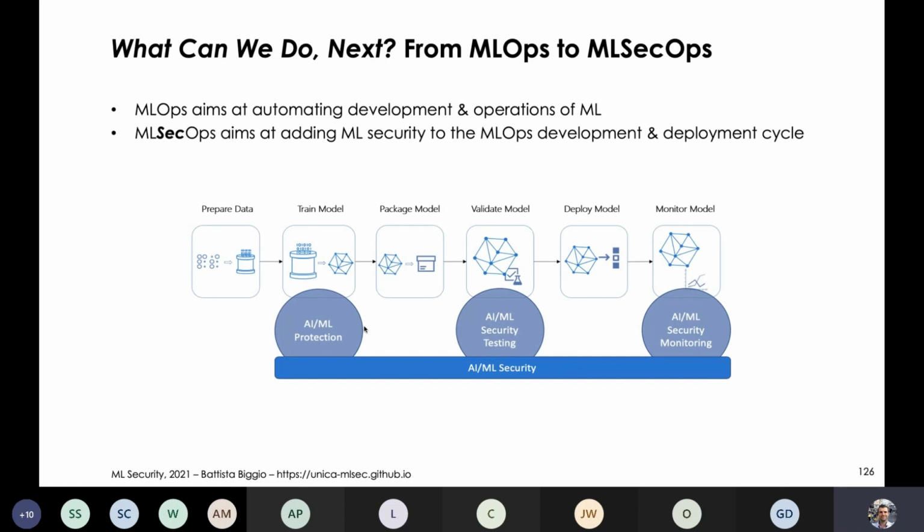And then another good practice here might be to incorporate security into the process of ML operations. So if you don't know what MLOps is, this is really, let's say, the parallel to what you have in the DevOps setting for software. So when you develop software nowadays, many steps are automated.